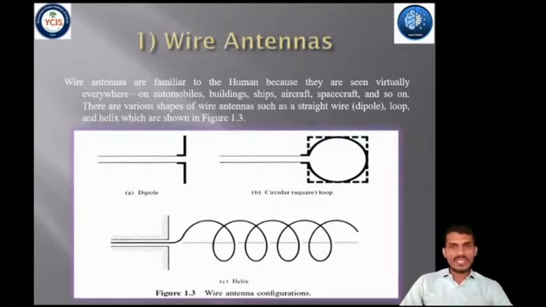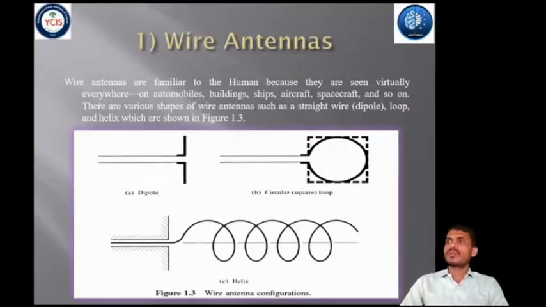This is a circular loop antenna, and the third one is the helix antenna, that means a shape like a spring fixed to a dipole antenna. These are the wire antenna configurations.